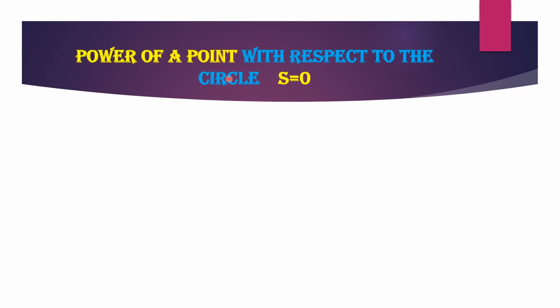Now we go to the power of a point with respect to the circle S equal to 0. Suppose we take one circle, C is the center of the circle and P is any point on the plane. Observe the diagram.